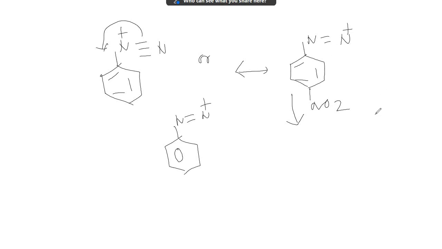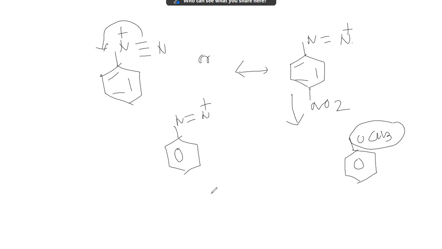As a result, this may couple with anisole, which is activating but not as activating as OH or NH2. It may couple with para-nitrodiazonium cation, but only diazonium cation cannot couple with anisole. The logic is that in this case the positive charge is more. Because of the increased positive charge, even if the electron density is not that much, the coupling reaction still takes place.